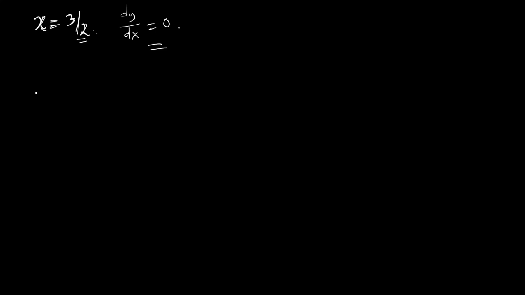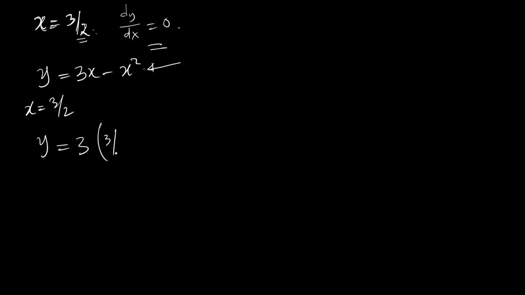Now let's look for the value of y where dy over dx is equal to 0. You have y equal to 3x minus x squared. If we substitute x equal to 3 over 2 into this equation, we have y equal to 3 times (3 over 2) minus (3 over 2) squared. So 3 times 3 over 2 gives you 9 over 2, minus 9 over 4.